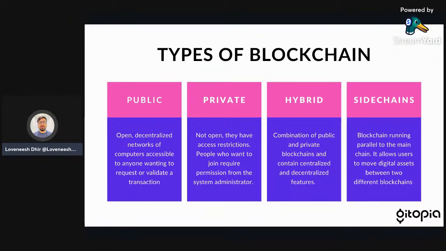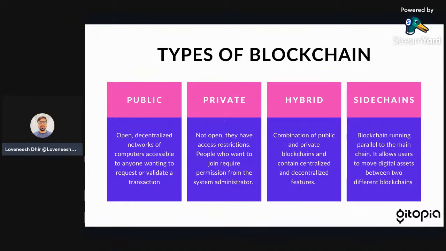People who want to join require permission from the system administrator. Private blockchains are typically governed by one entity, which implies that they are somewhat centralized. An example would be Hyperledger, which is a private and permissioned blockchain.